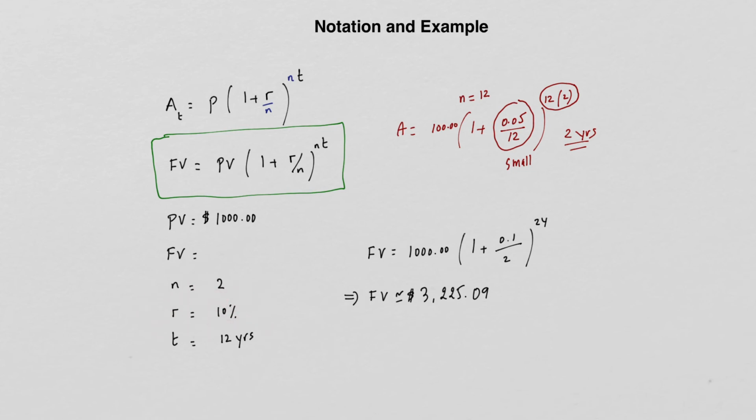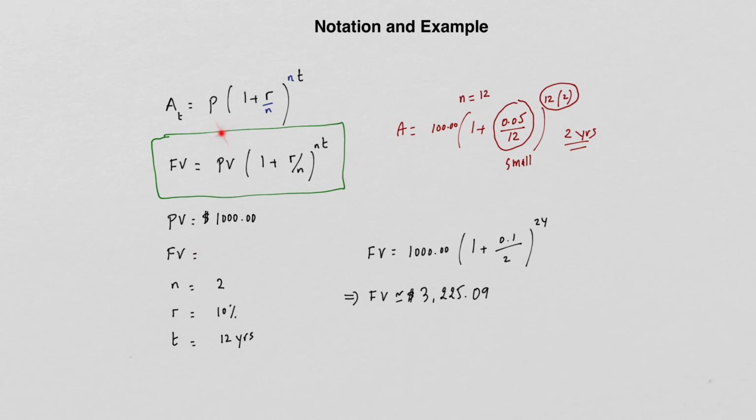It's always annual, by the way. The rate is always annual. Regardless of how you compound, the rate is always annual or per annum. Let's say this money is compounded semi-annually. So n is 2. How much money will she have when you turn 18?